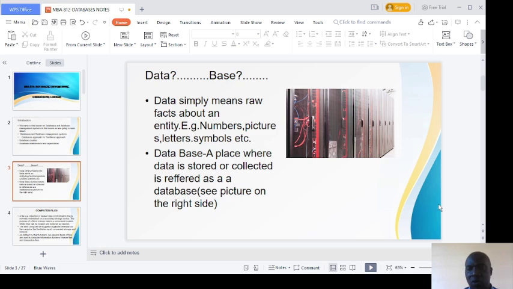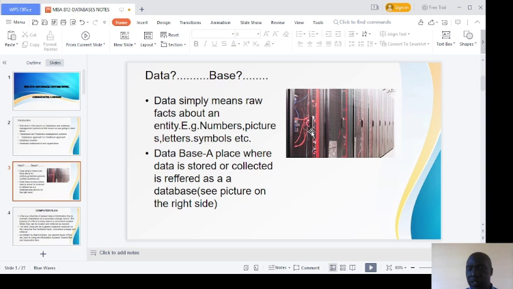Now, looking at the picture here, you can see it's an electronic storage of data. So this could be an image of a data center with databases all fixed all around it here. So that's called a database. So data means raw facts which are yet to be processed. And the database is a place where data is collected and stored.